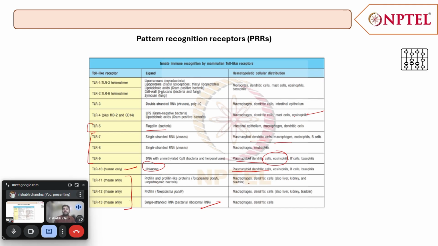These are present in macrophages, dendritic cells, and the liver, bladder, and kidney, while TLR13 is present in macrophages and dendritic cells.